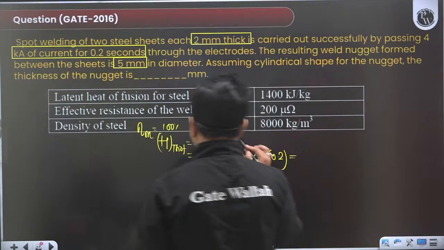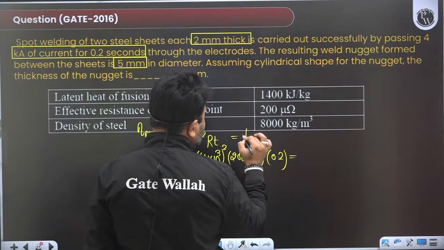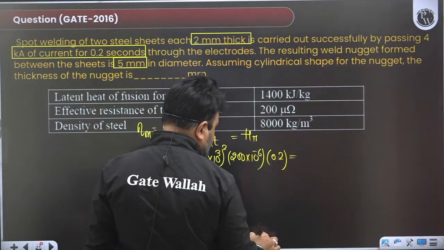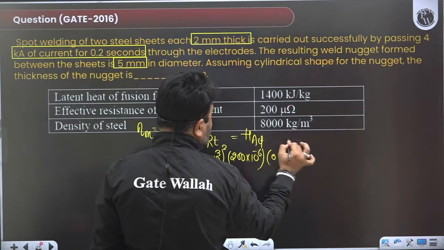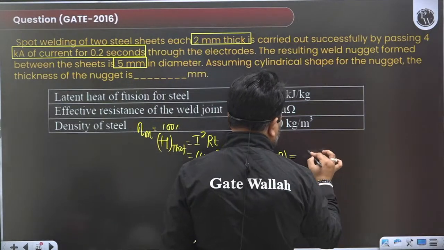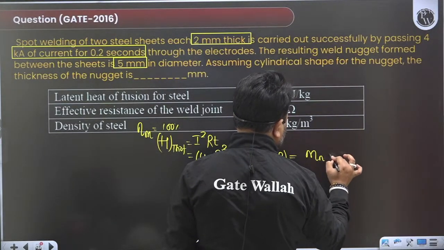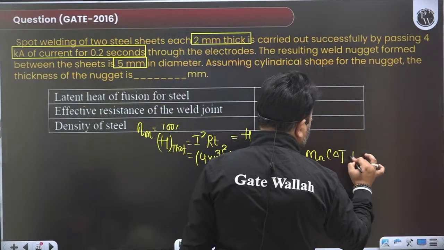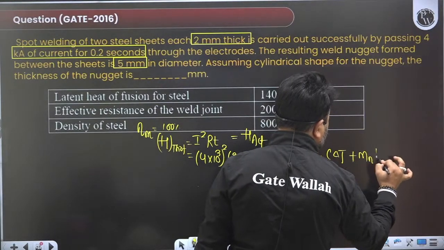Because if you are assuming melting efficiency is 100%, then the actual heat is mass of the nugget C delta T plus mass of the nugget latent heat.